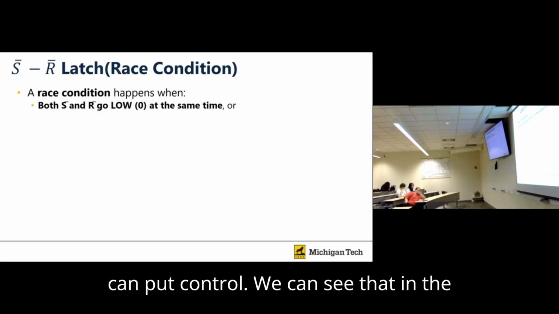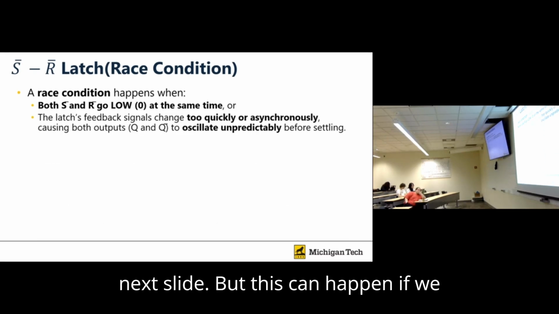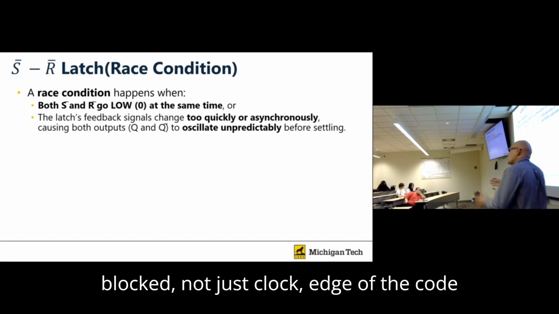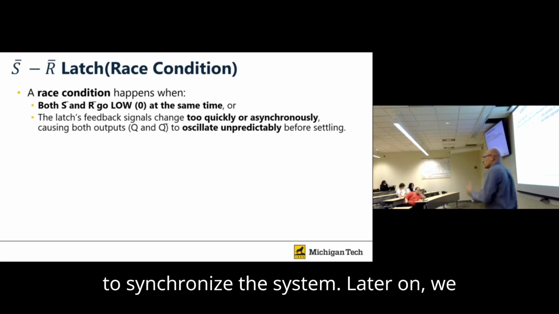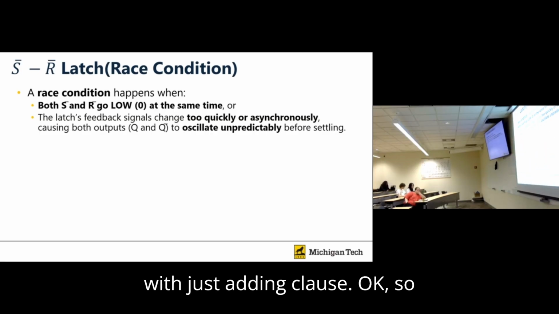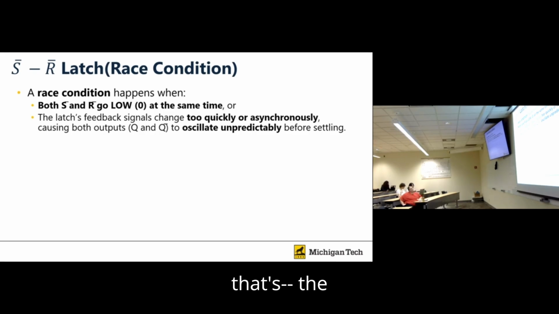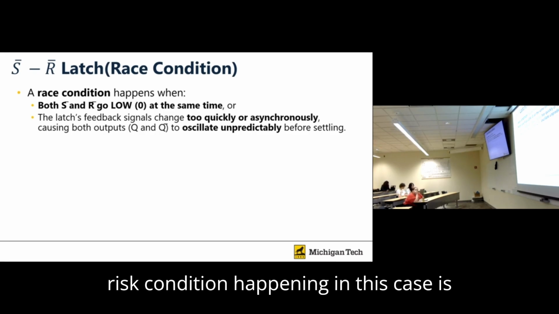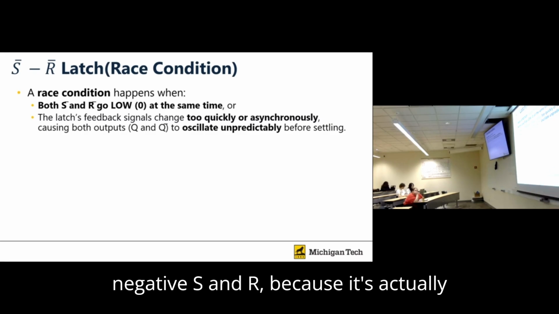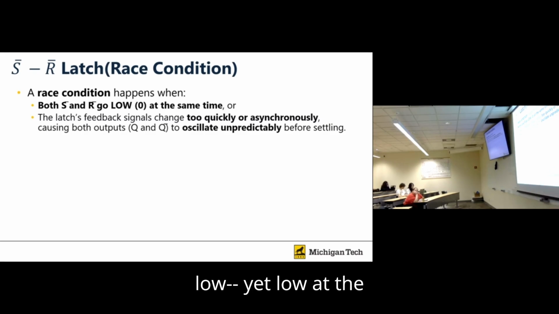We can put control, we can see that in the next slide, but this can happen if we don't have control or we don't have a clock, not just a clock, an edge of the clock to synchronize the system. Later on, we can see we can solve all of this problem with just adding a clock. Okay, so that's the race condition happening in these cases. Both S and R, but negate of S and R because it's actually active low, get low at the same time.